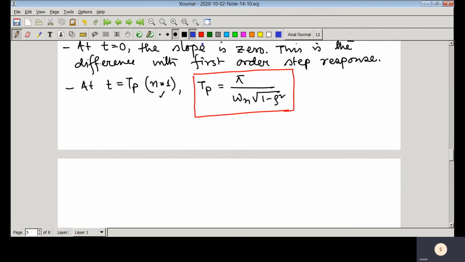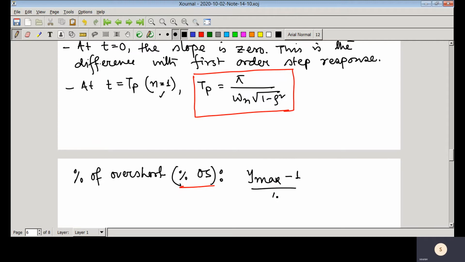This is quantified in terms of percentage of overshoot, defined as y max minus 1, that is the final value, divided by 1, into 100. So this is called the percentage of overshoot.